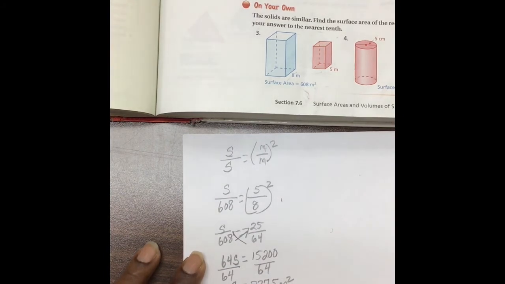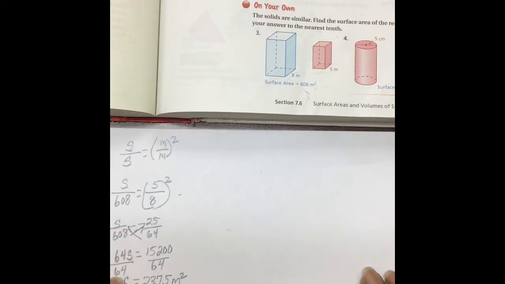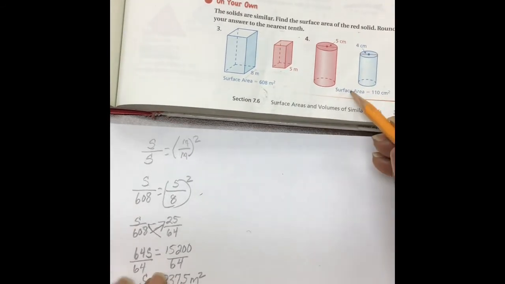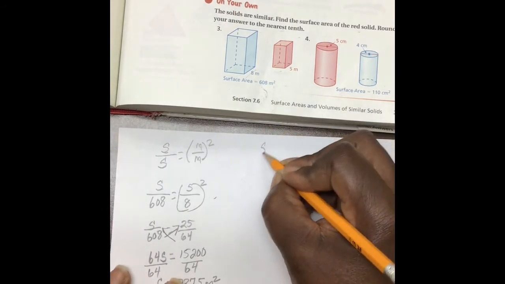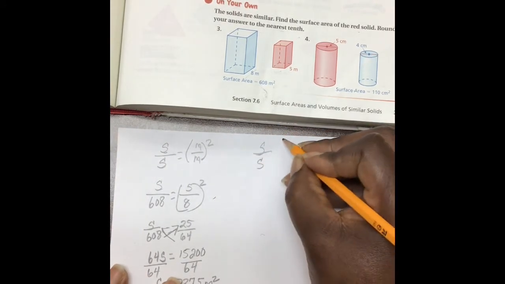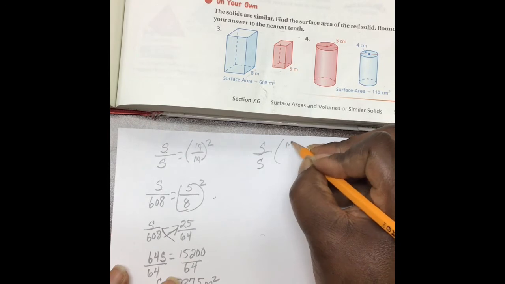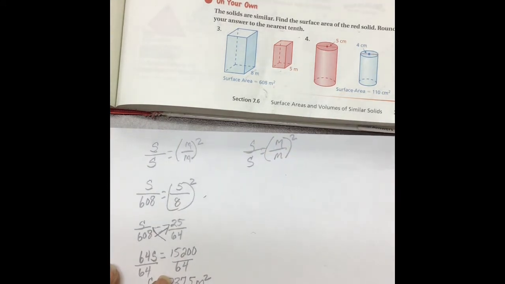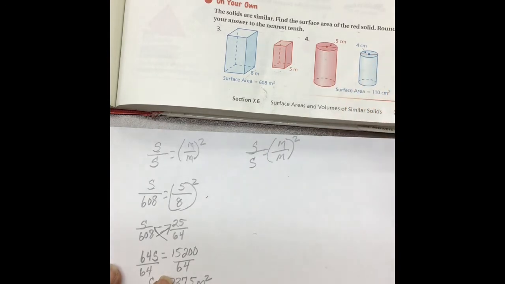Let's look at number 4. We have surface area to surface area, and whatever measurement we have, we're going to square it. That's the information they gave us. They gave us a 5 diameter and a 4 diameter. So we have 110.